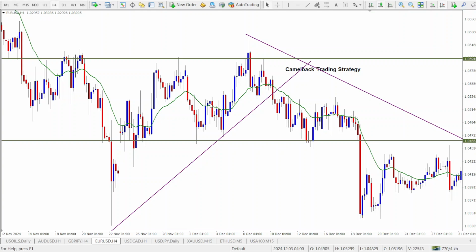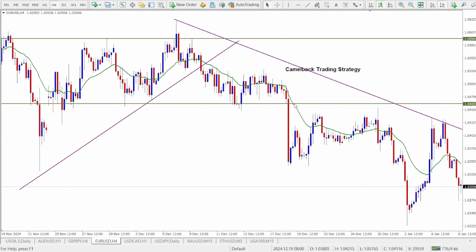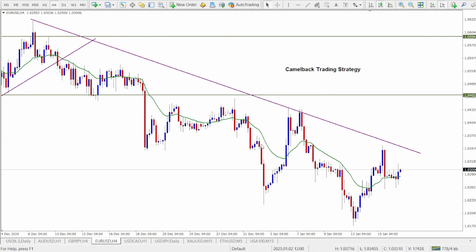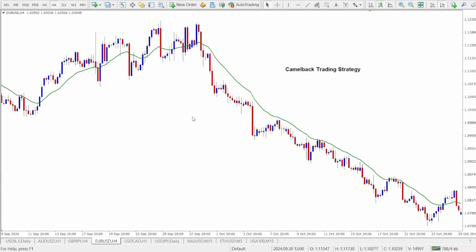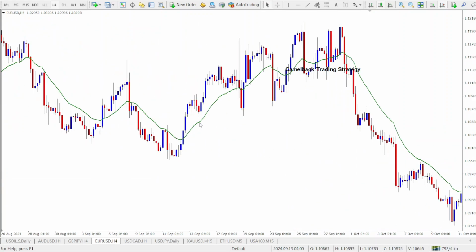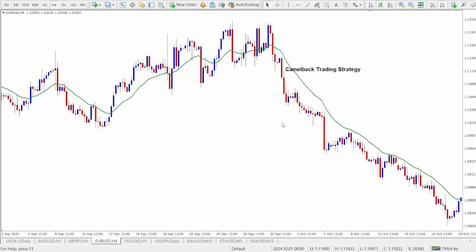When we are in a bearish trend, you can see the moving average shows that this is a bearish trend. When we are in a buy trend, the moving average also shows that. The third component is momentum, which gives us clues about the strength behind price movements.